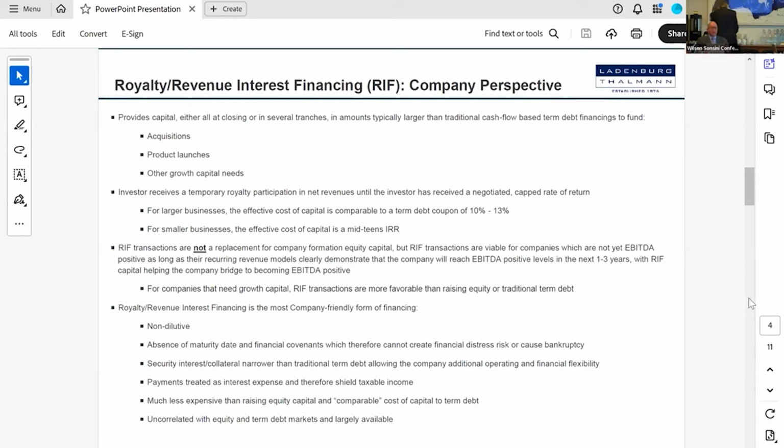It might be 100, 150 basis points higher than the coupon for term debt, but because you can raise much more money, as we discussed, than term debt, because it's not subject to being repaid over 5 years, even if the cost of capital is 100 to 150 basis points higher, the fact that you can raise much more capital means that the return on equity to shareholders of that company is going to be higher when a company uses this form of financing as opposed to term debt.